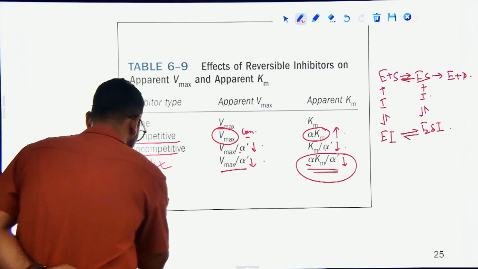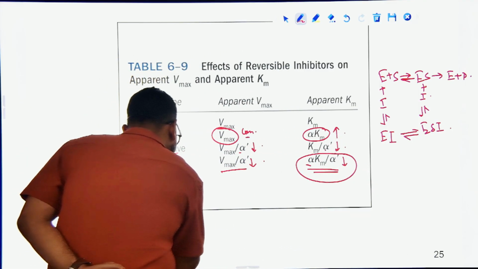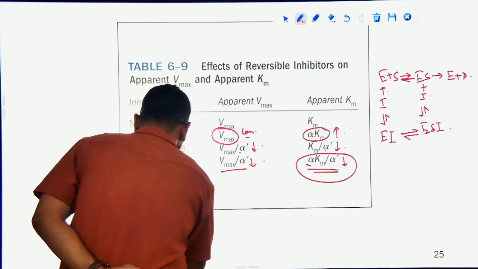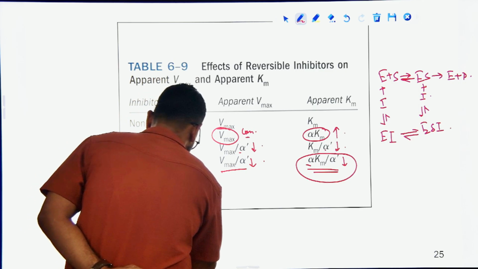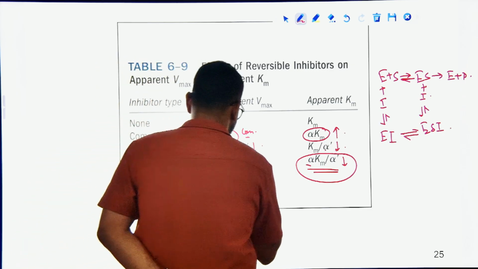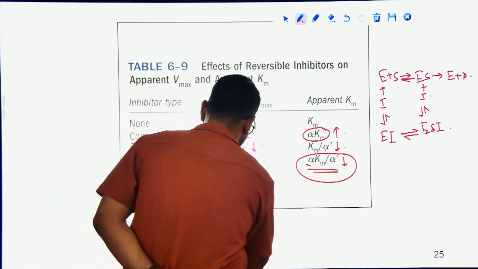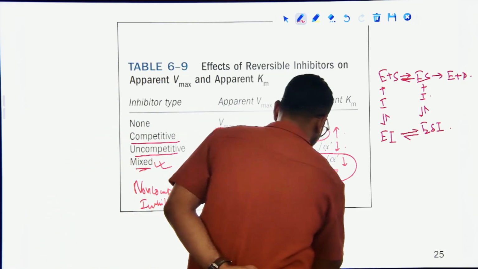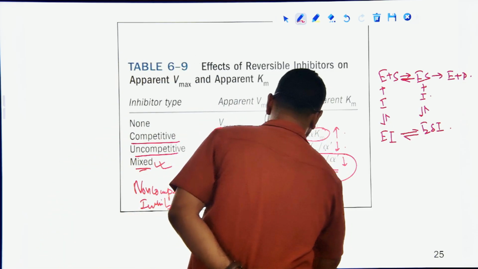And when it comes to non-competitive inhibition, what is happening? Vmax is decreasing by a factor of alpha dash, whereas Km is constant over here.